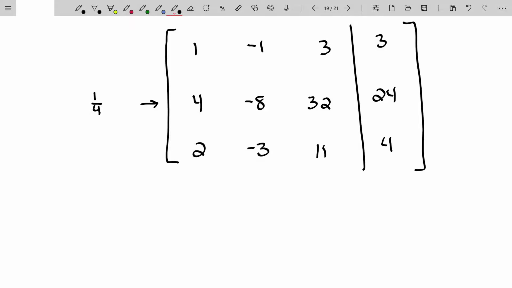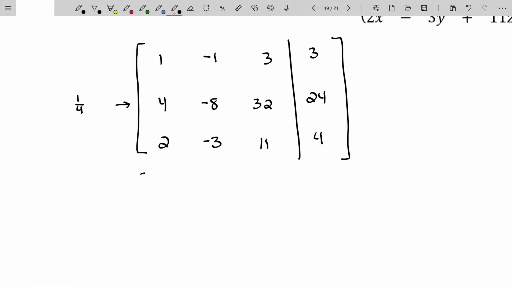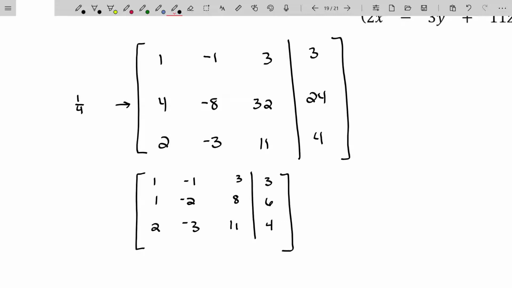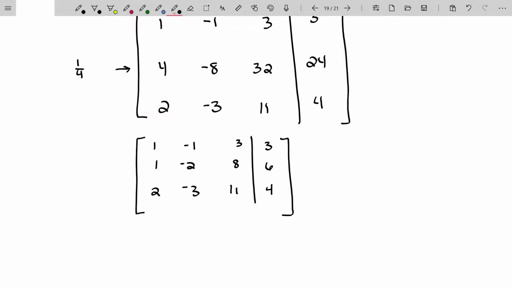That is totally legit. You can absolutely do that. If you did that, you get 1, -1, 3, 3, 1, -2, 8, and 6, and then 2, -3, 11, and 4. It just makes the numbers a little bit easier to look at, honestly.